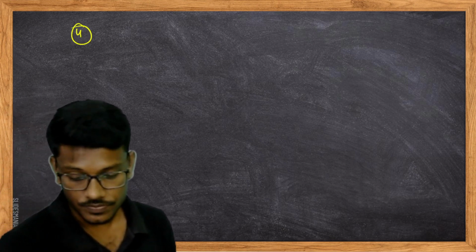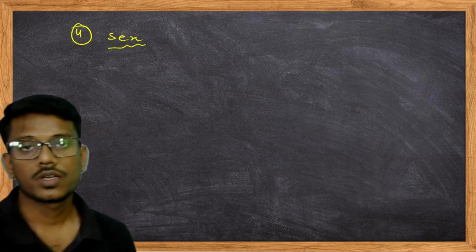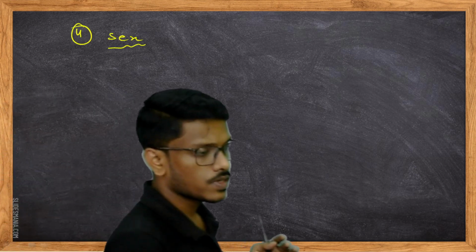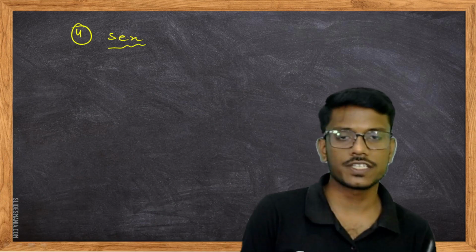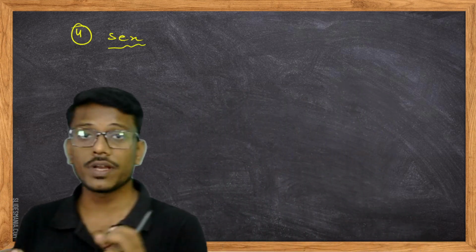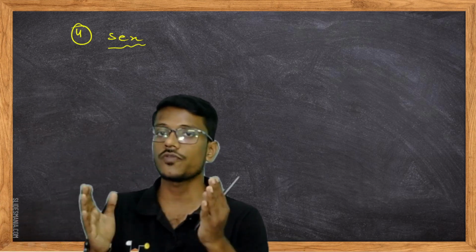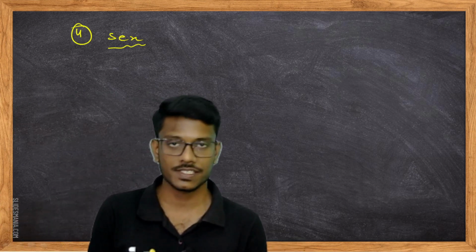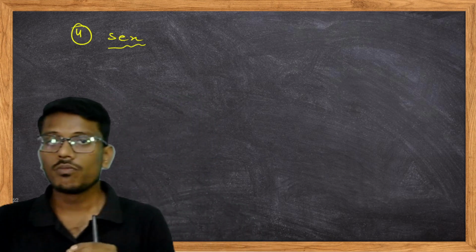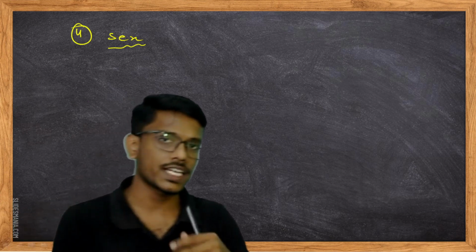is the sex of the individual. In case of sex, we have two sexes, male and female. In a female individual, suppose in human beings, there are how many chromosomes? 46, and they have two sex chromosomes, both X chromosomes.